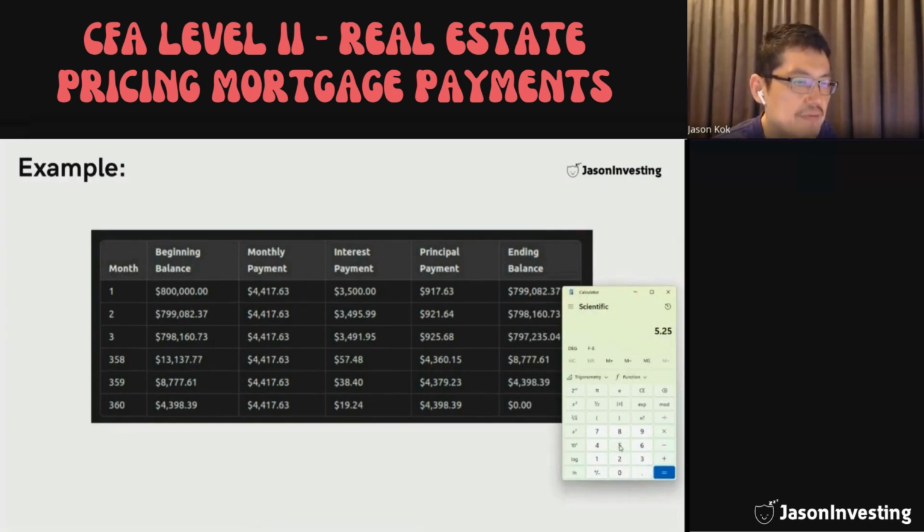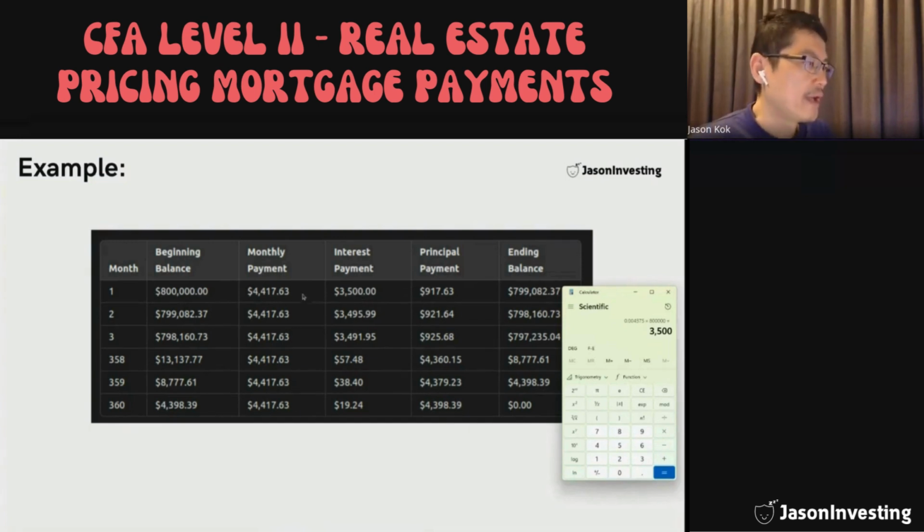The percentage is 5.25, so divide by 100 and divide by 12. You get this monthly interest rate. If you multiply this by the principal that you're borrowing, the loan amount, it comes up to 3,500. That will be the interest part of your payment.